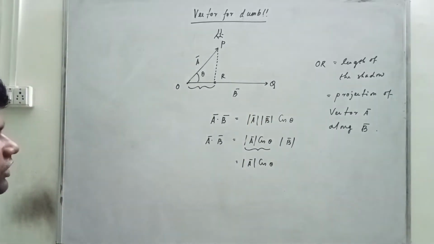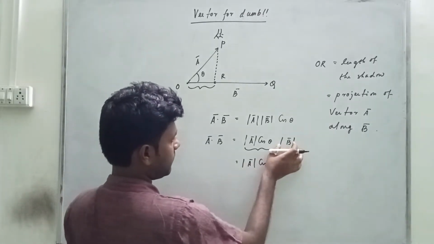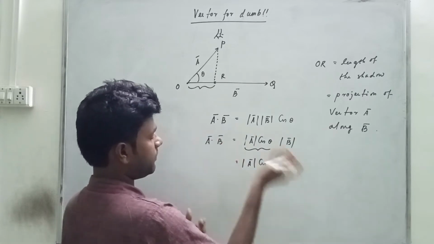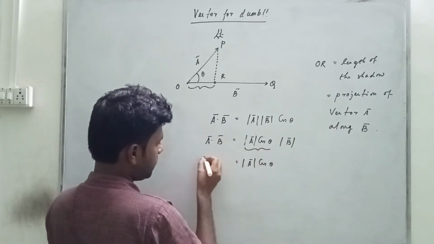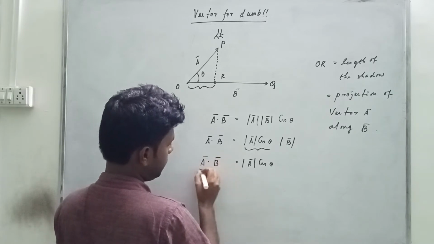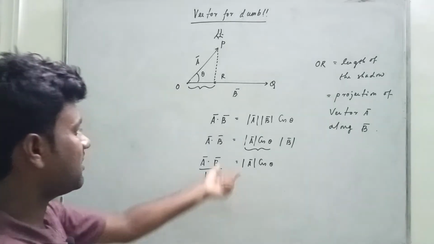That means the projection of vector A along B, just translate here, vector from here to there. Just transfer. So you get the vector A dot vector B by magnitude B, right? This is a simple equation.